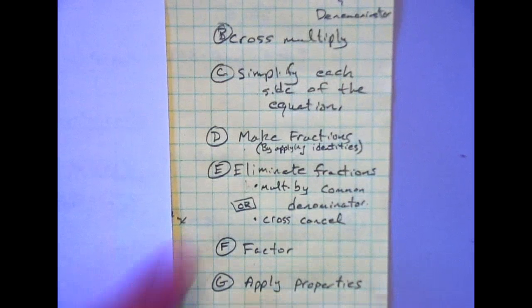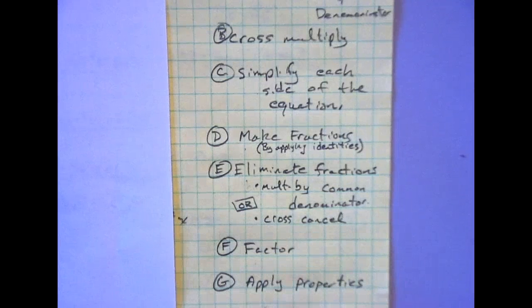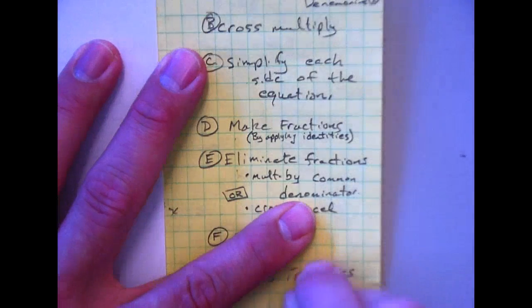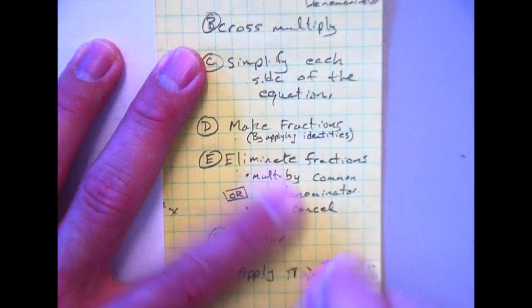I tried to factor if I couldn't end it there, and then I'd apply the properties. And usually when I say apply properties, I'm talking about Pythagorean properties. Your Pythagorean, I guess that's not really properties, your identities. I always use that term.